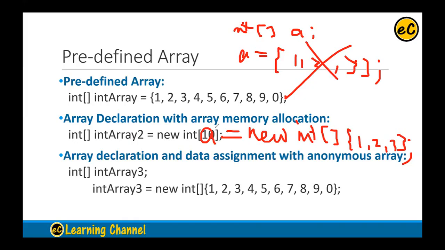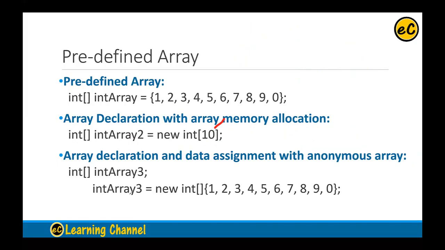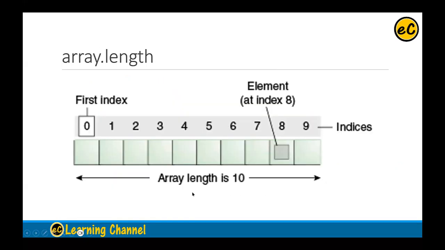And then you need to know how long the array is, okay? And array length is the number of elements. So usually if you have 10 elements, index 10 means 9 included, okay?